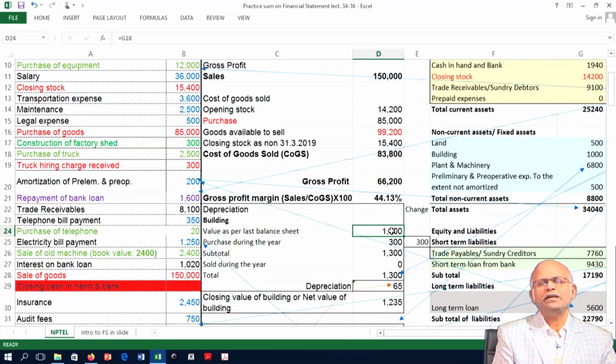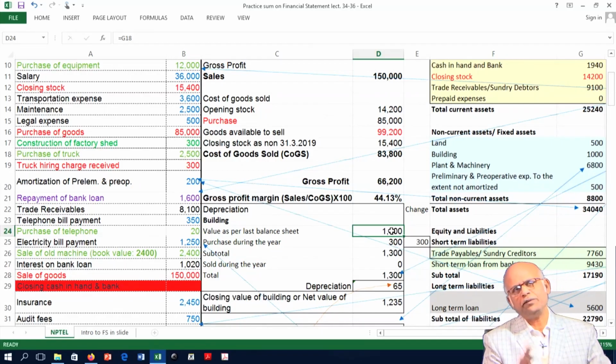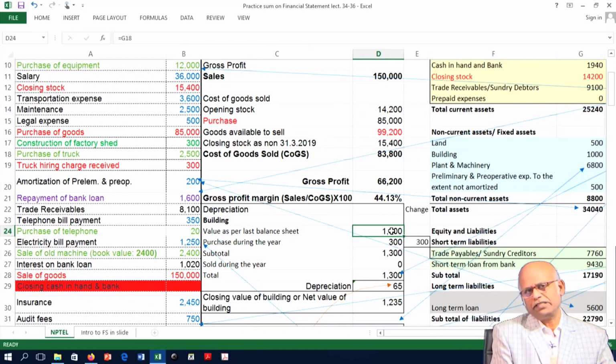Suppose you buy or construct that asset after September. September happens to be the end of the first half of the year, say for a financial year from April to March. Suppose you procure that asset on 1st of October or any time before 31st of March, then only 50% of the depreciation will be allowed.